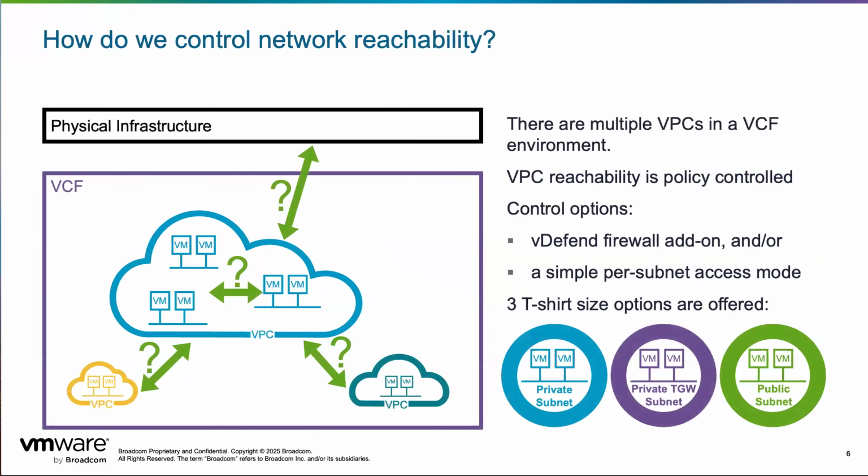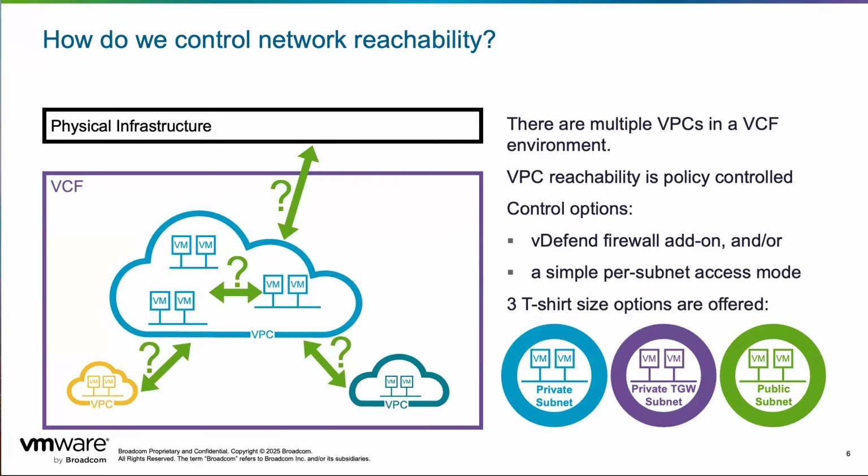This is because in a VCF environment, of course, we want to instantiate multiple of those virtual private clouds. So how do they communicate with each other? What can they reach? If I connect a virtual machine in my private cloud, how far can it reach? So we want to provide some control for the application developer on this front.